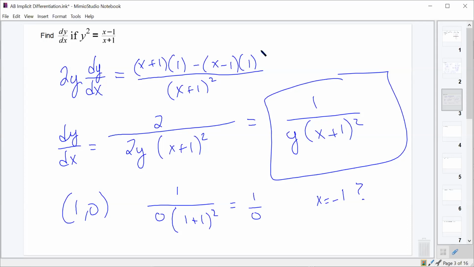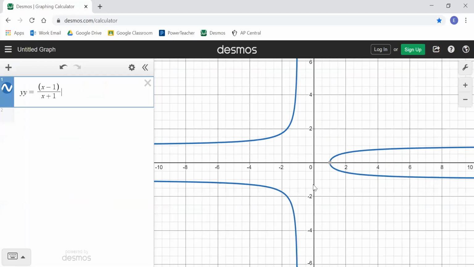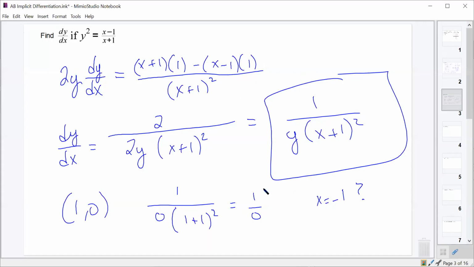But if we look at the graph at x equals -1, it looks like it's approaching a vertical asymptote, doesn't it? Yeah, because that's an asymptote for the original equation too. Right, exactly. If we were to try and plug x equals -1 back in here, we would find that our function is undefined. There are no values on this equation where x equals -1. So we would say, no, there can't be a vertical tangent line there.